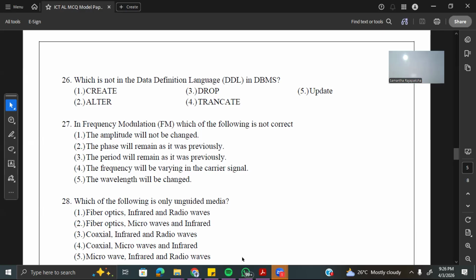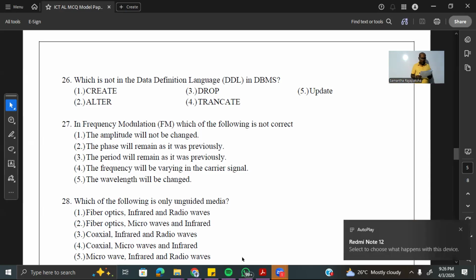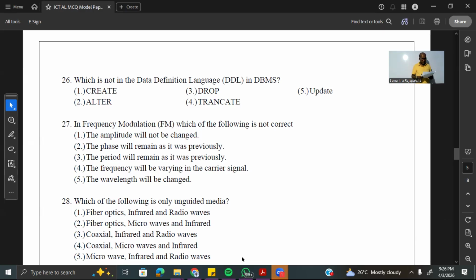So what should be the answer? Here we are asking, data will be hidden using the different headers when it goes from the application layer down.